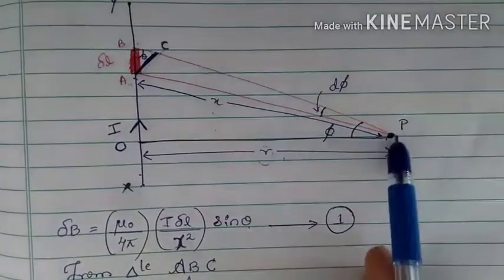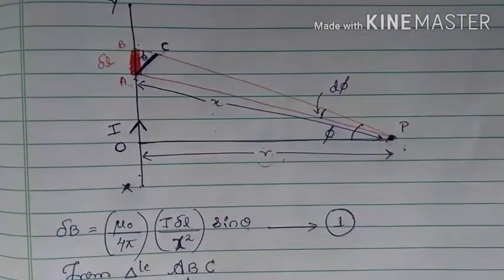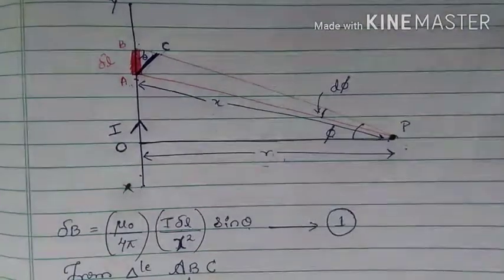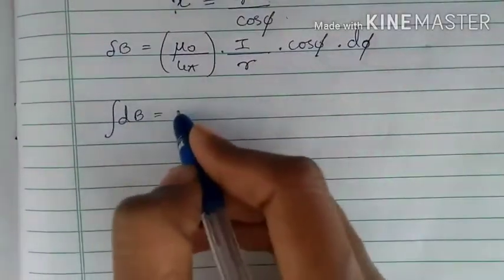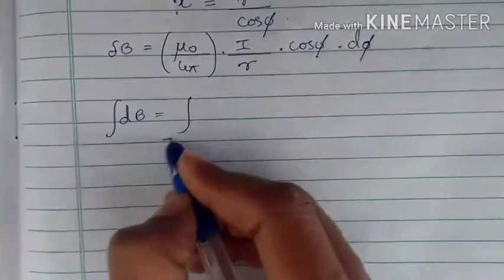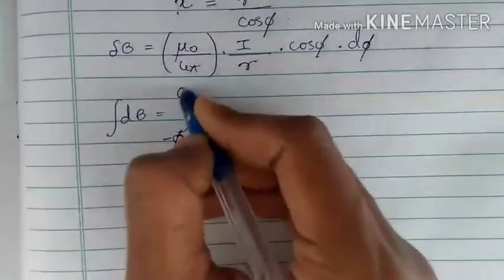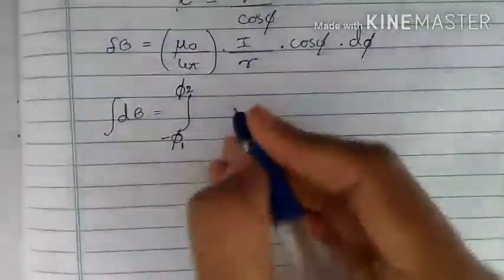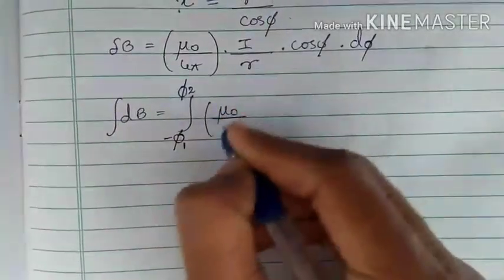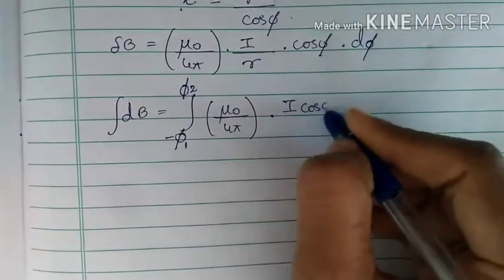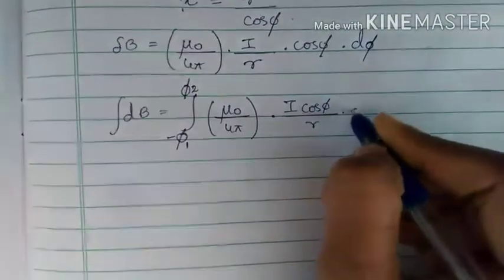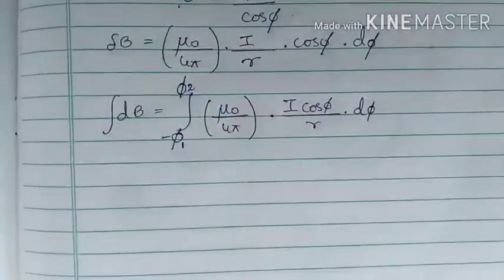If we want to know the magnetic field at point P due to the whole element XY, we have to do integration. So integration of delta B, from minus phi 1 to phi 2, is mu naught by 4 pi into I cos phi by r into d phi.